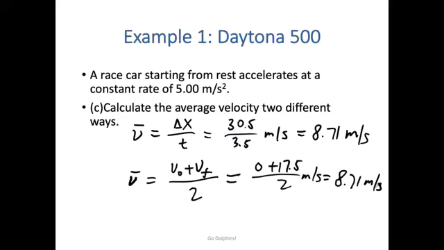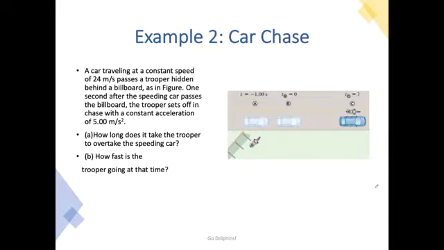Okay. First example solved. Let's go to example 2, a car chase. We have a car traveling at constant speed, 24 meters per second. It passes a police car, or, well, a police trooper anyway, hiding, and the police car saw this speeder here, and waited to start until after 1 second, when the car had already traveled to this distance.